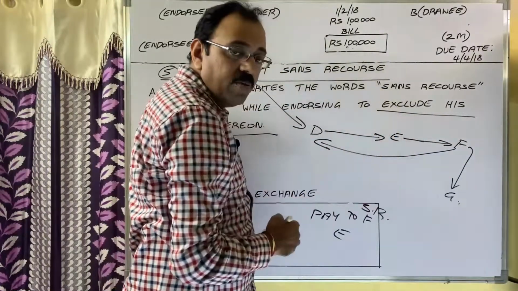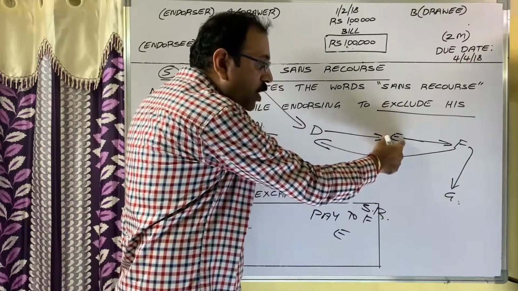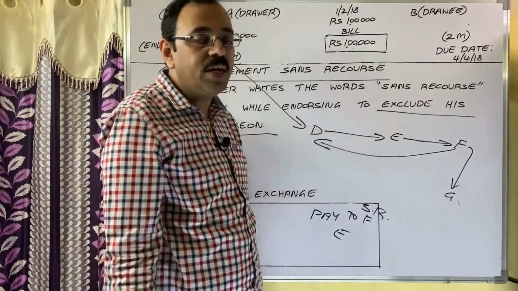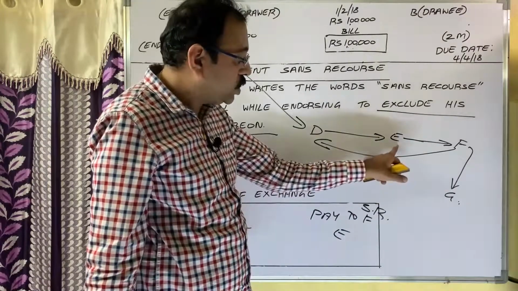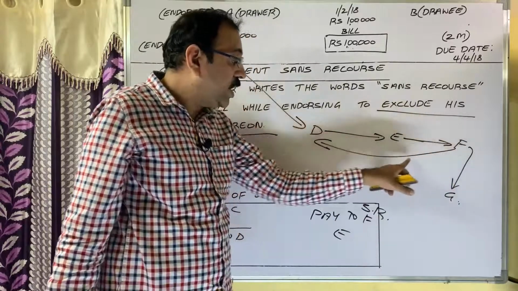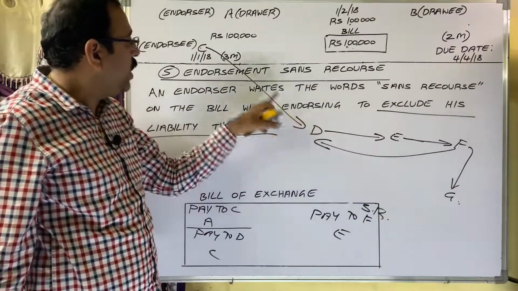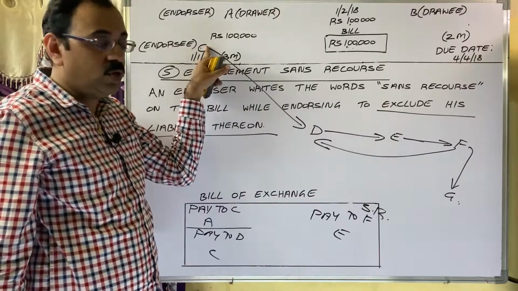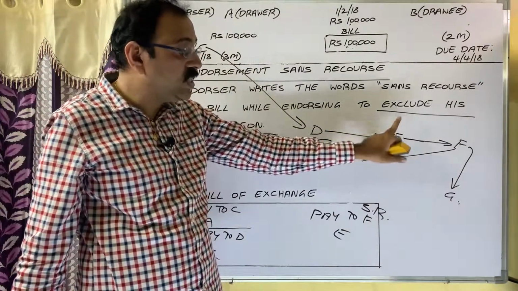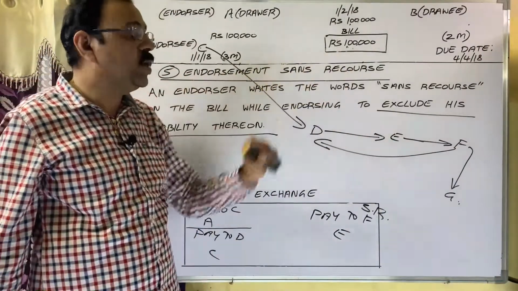E, no? But as E wrote these words, E's liability is not there. So he is excluded from his liability. So F can directly demand that amount from D. D can demand from C. So this type of endorsement which is done by E is known as endorsement sans recourse.